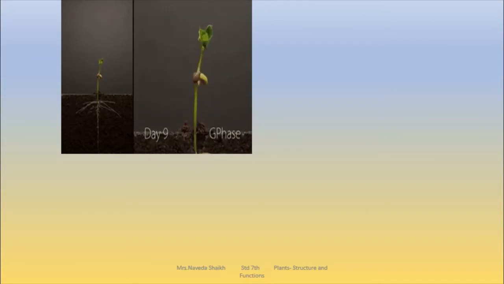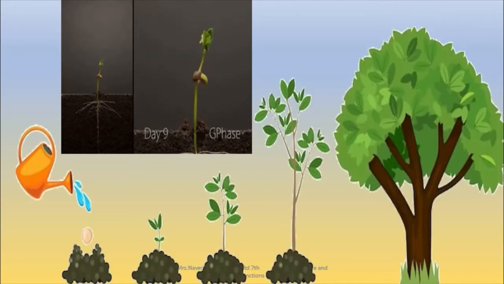That part coming outside the soil is the reason you can see leaves on the plant, fruits, and flowers. In science we call it the shoot of the plant. The lower region is the root and this is the shoot. This plumule gives rise to the leaves, and these leaves then form a plant, and this plant grows into a huge tree. So let's learn about all the parts which are above the soil.